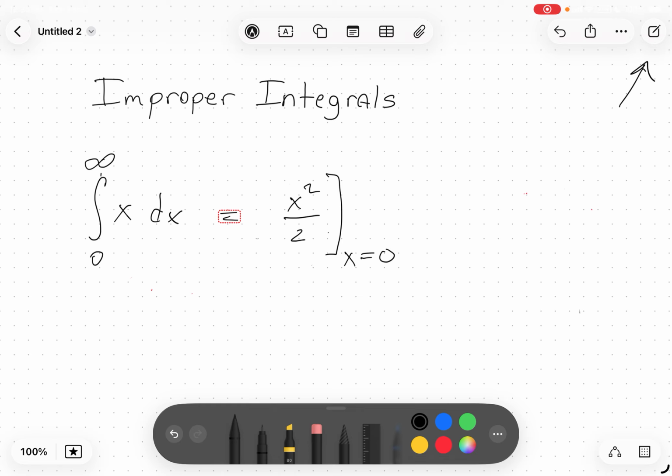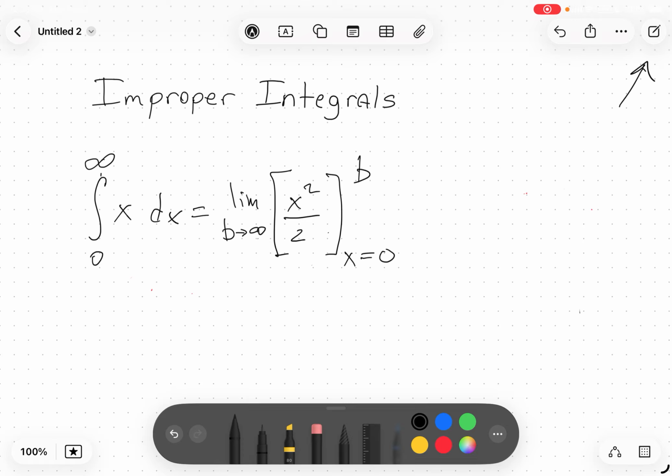So what we need to do instead is put a placeholder for that infinity symbol. I'm going to call this b, okay? And then I'm going to calculate the limit of this expression as b approaches infinity.